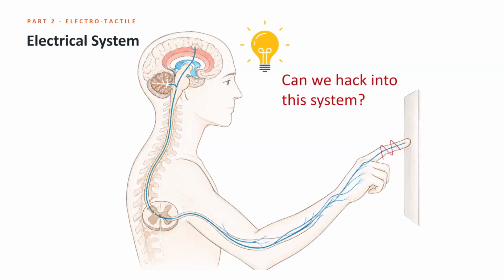So the question that we wanted to ask here was, can we hack into this system? If this is an electrical network, can we give these electrical signals externally and hack into the electrical system of our body?